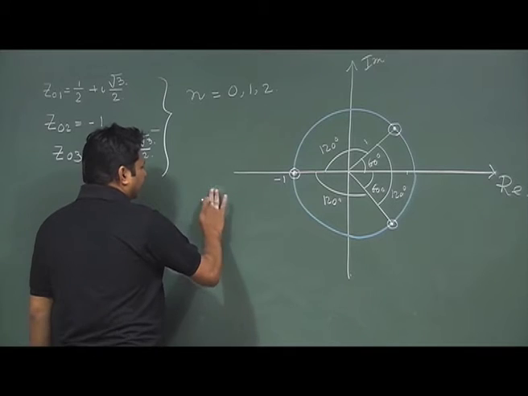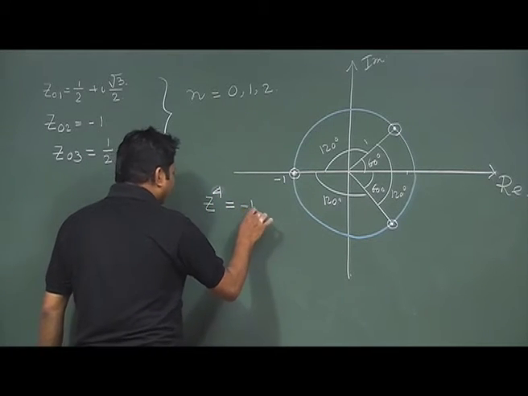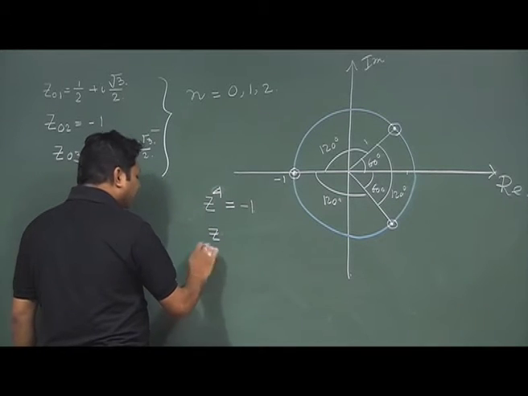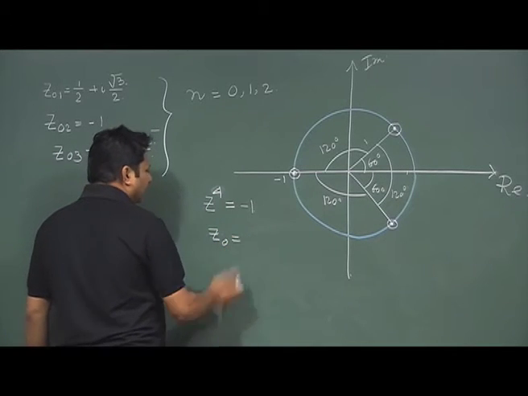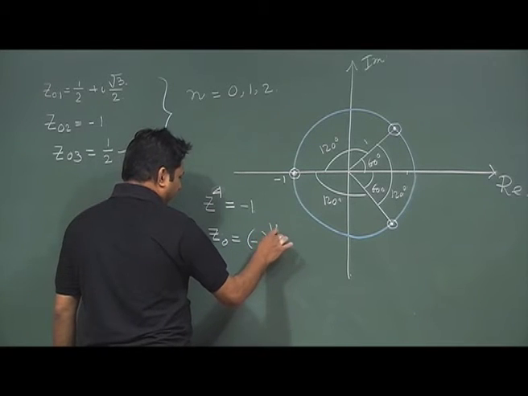For example, if z to the power 4 is equal to say minus 1, what should be the value of z? That means eventually I need to find this quantity, z is minus 1 whole to the power 1 by 4.